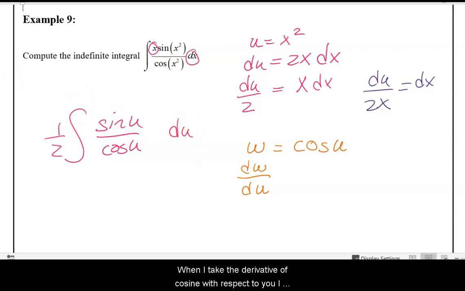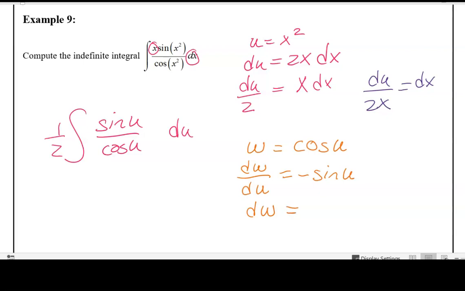When I take the derivative of cosine with respect to u, I get negative sine of u. Now I can abuse the notation and swing the differential du around to the other side. That leaves d omega is equal to negative sine of u du.